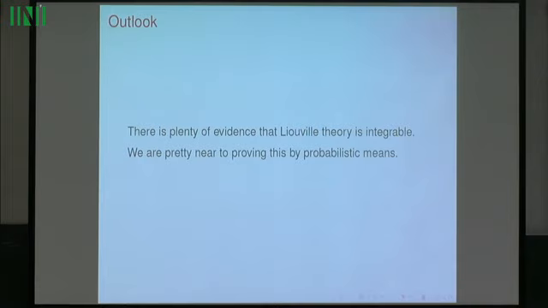Then you need to check that the structure is consistent, which is non-trivial. On the probabilistic side, once we have a probabilistic starting point, which is a functional integral, then of course we can try to answer these questions starting from that point, and we think we are pretty near finishing.